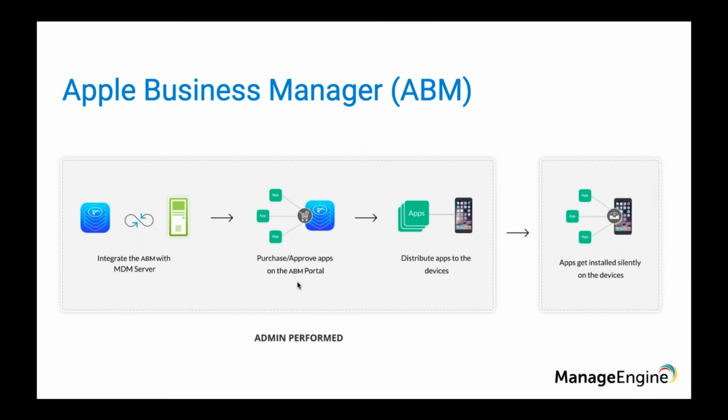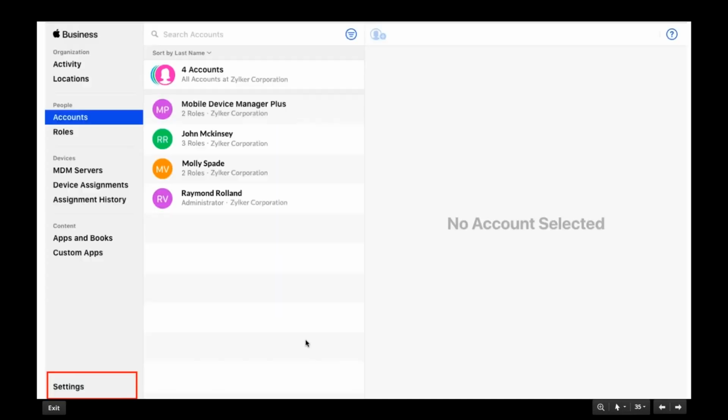Here, purchase or approve means that you are approving these apps to be installed on the device on behalf of the organization. As the ABM server is integrated with MDM, any apps that you purchase on the ABM portal get implicitly added to the MDM server. You then distribute the apps to the devices using the MDM server, after which it gets automatically installed. These are admin performed and are one time.